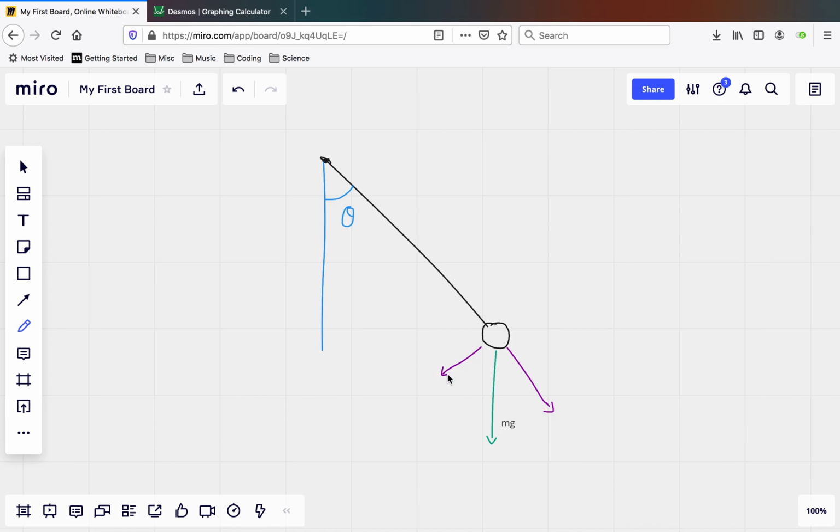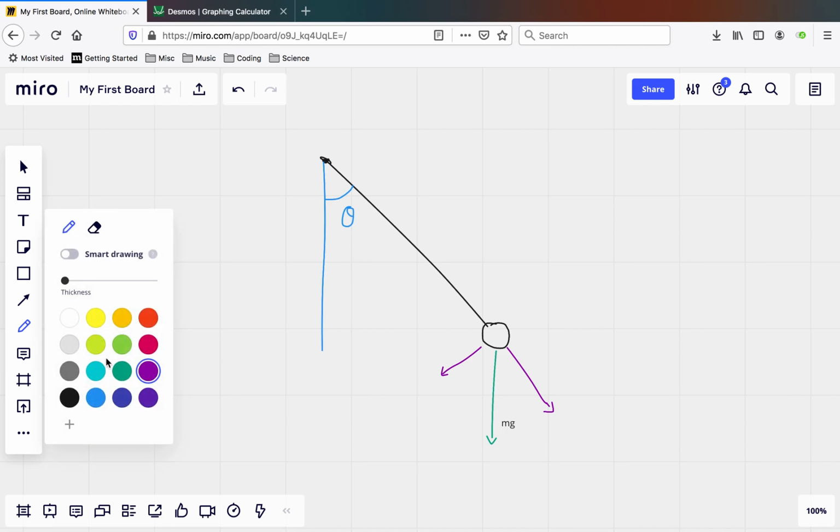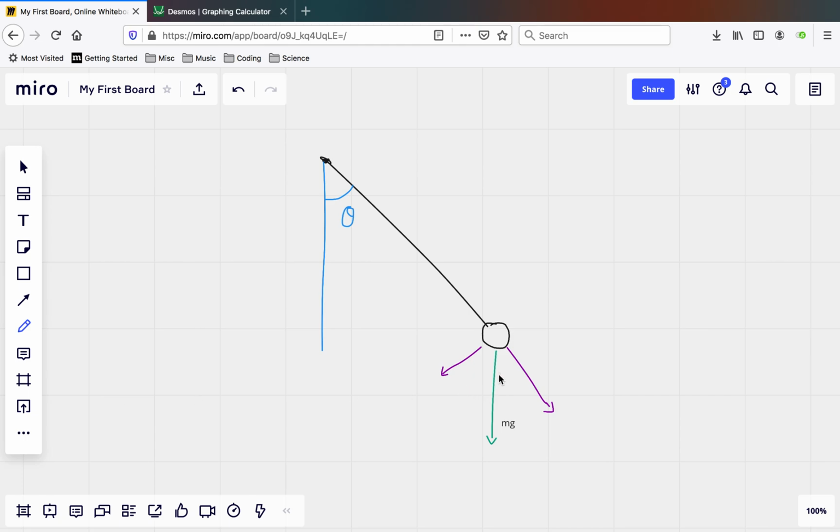I'm drawing this on a laptop, so it is a bit difficult, but I can mostly see that it's working out. And let's use our initial color blue to label the angles. Notice that this is theta again, because gravity points straight down, and this points in the same direction as the rod.